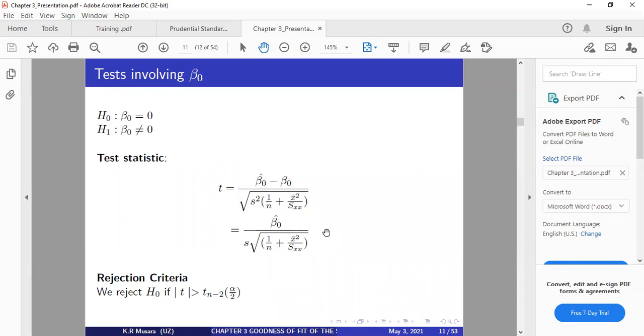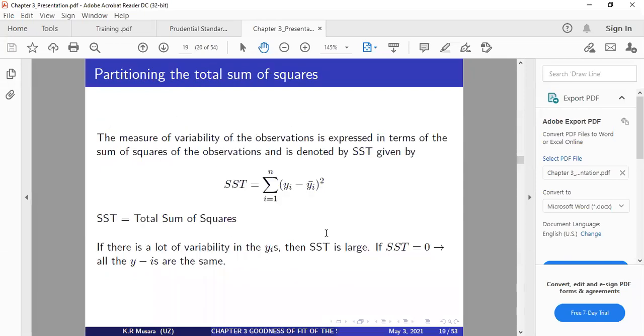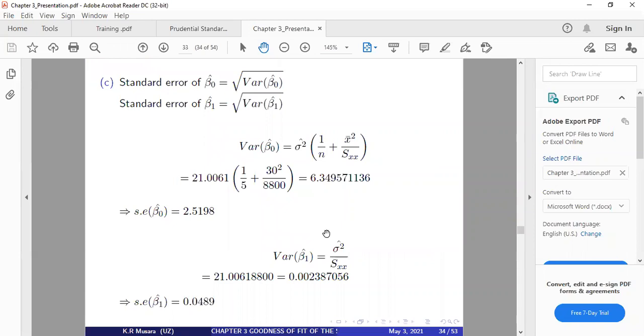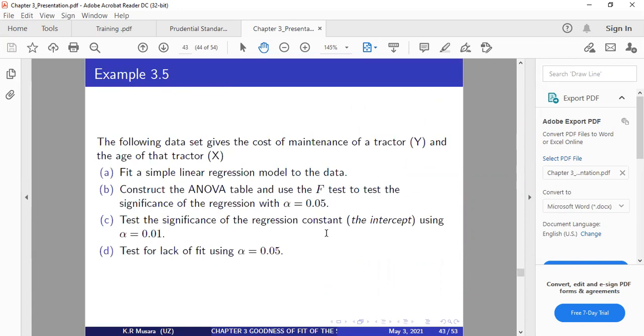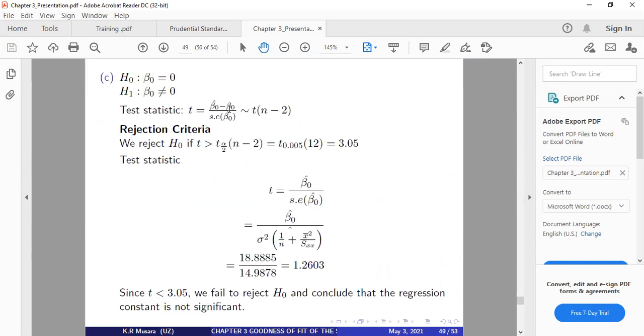So now we can go back to, so this is our formula. We are saying it's beta naught hat minus beta naught divided by the standard error of beta naught. But the standard error of beta naught here is supposed to be a square root under this formula.